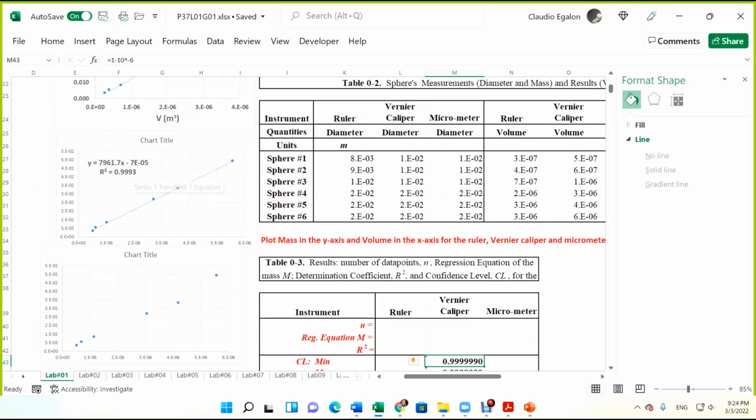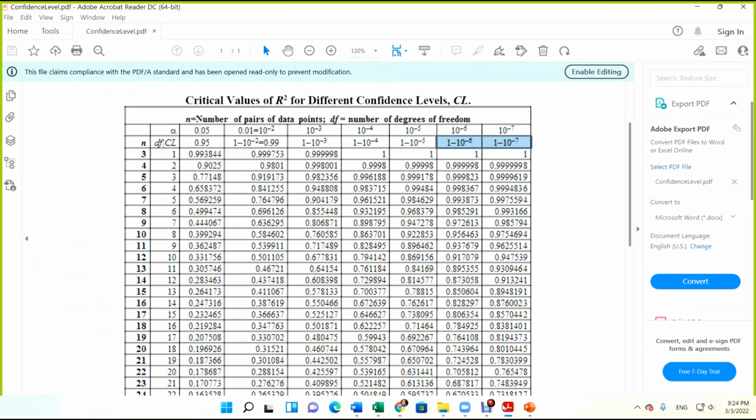0.9993, right? Go back to the table. N equal to 6. Look where 0.9993 falls. Do we have 0.9993 here?